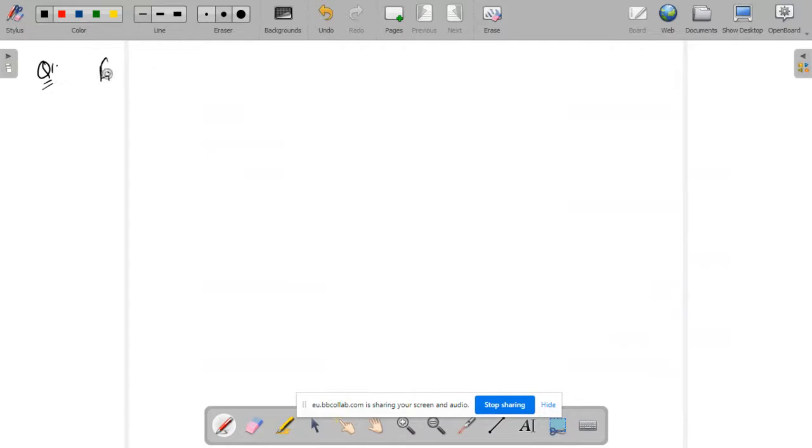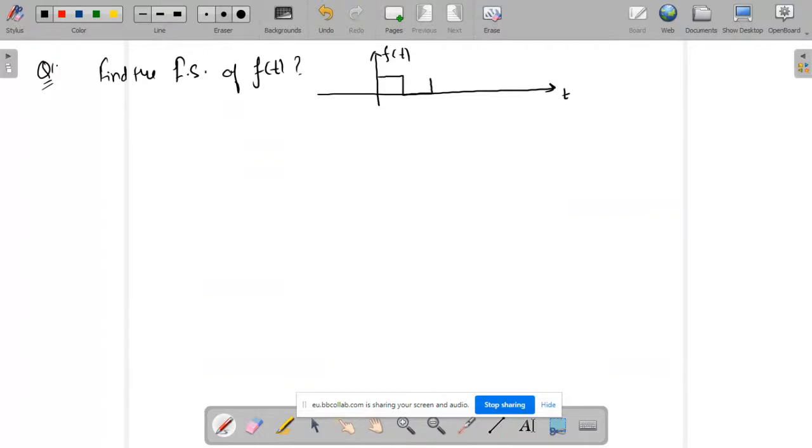So what is the question? Find the Fourier series of f(t), and f(t) signal is this one. This is f(t). Start from 0 and then like this.